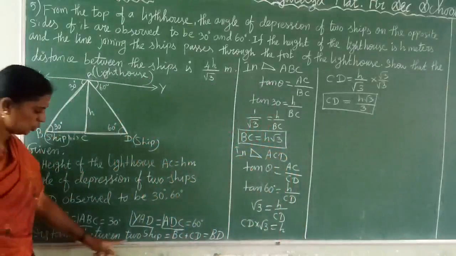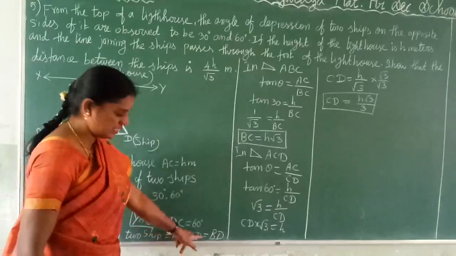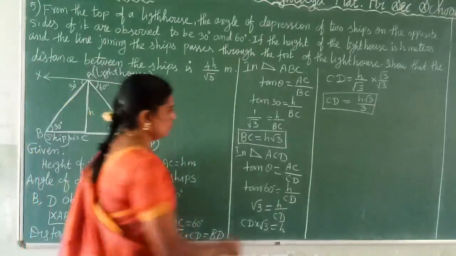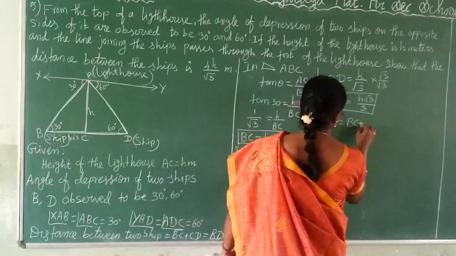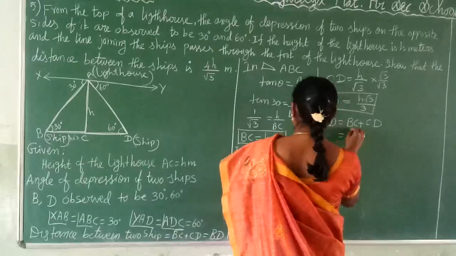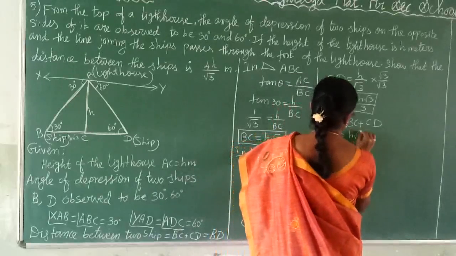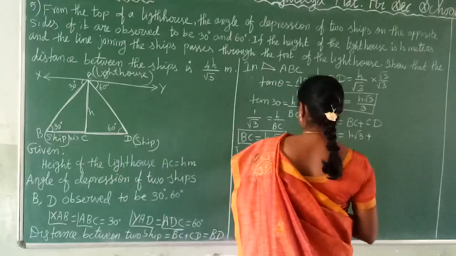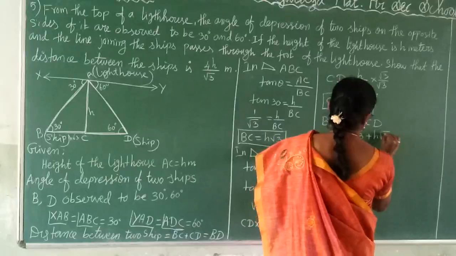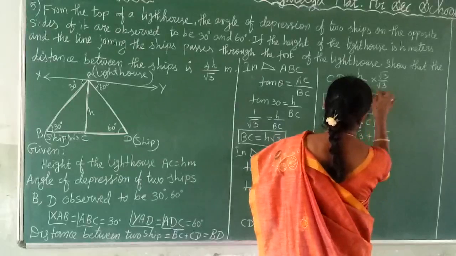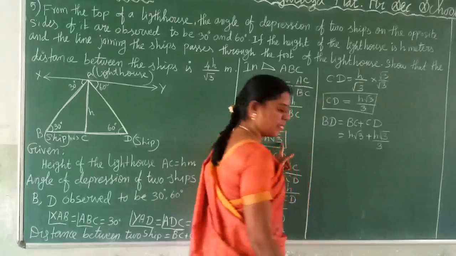So the distance between the two ships is BC plus CD, that is BD. BD equals BC plus CD: BC answer h root 3 plus CD answer h root 3 by 3.